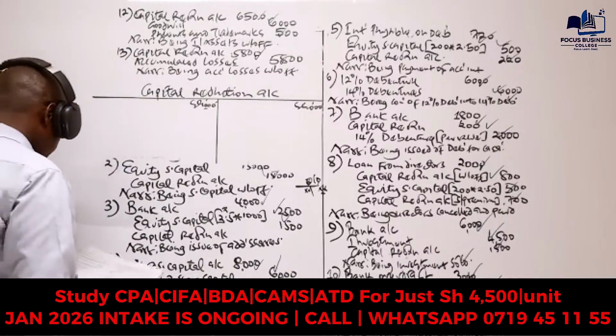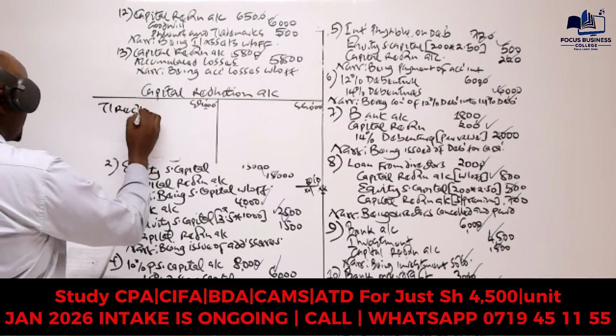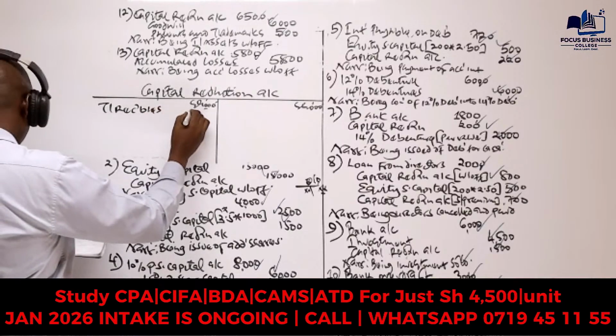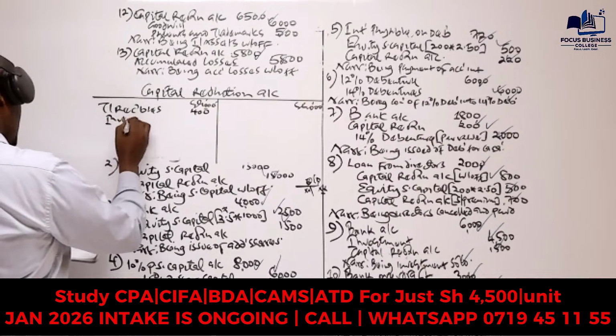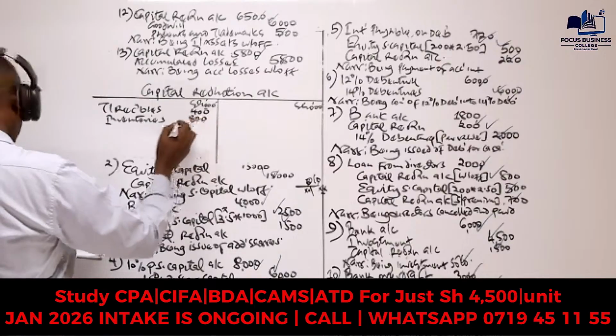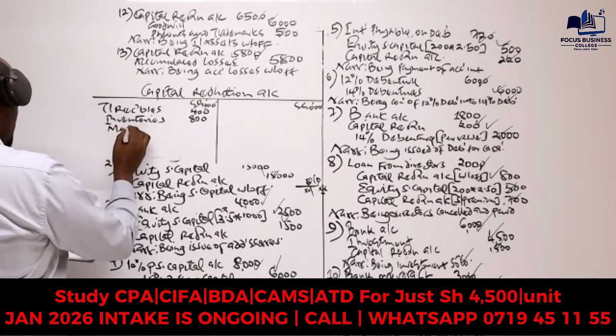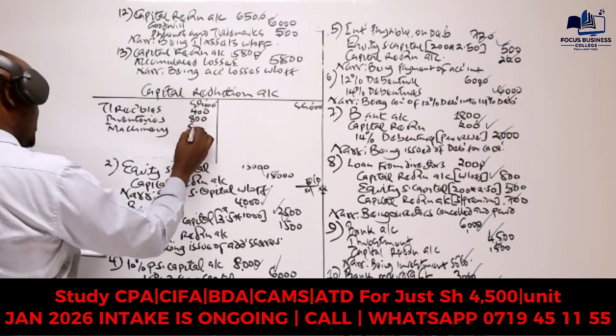With various items. The first entry comes from the trade receivables account with an amount of 400. The other entry is in the inventories account with an amount of 800. The other entry is in the machinery account with an amount of 800.